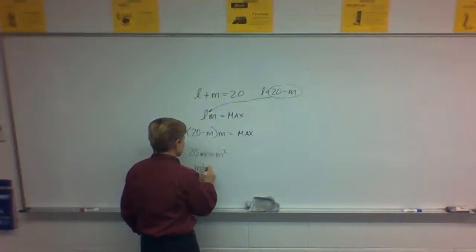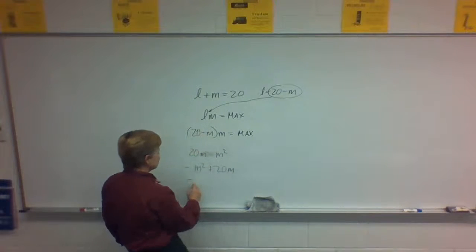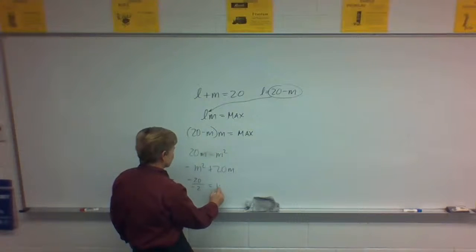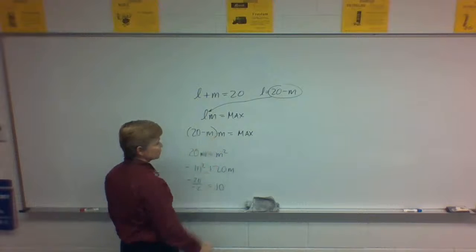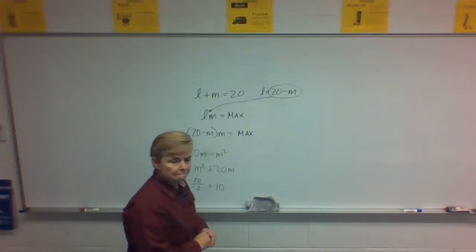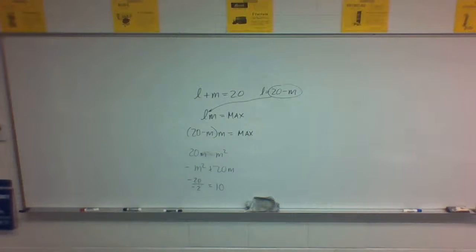That'd be negative m squared plus 20m if you want it in proper form. Negative b over 2a. It occurs at 10, and its value is 100. Oh my gosh. Yep. Cool. Did not do one bit of calculus.